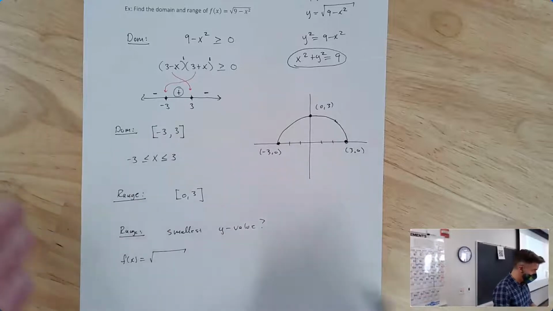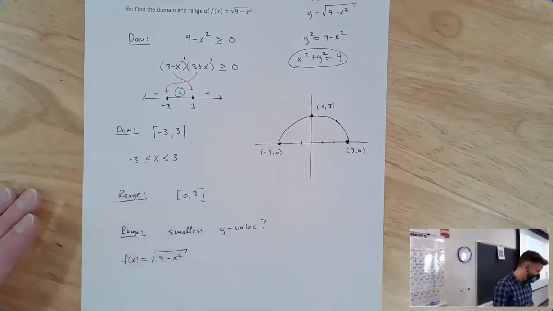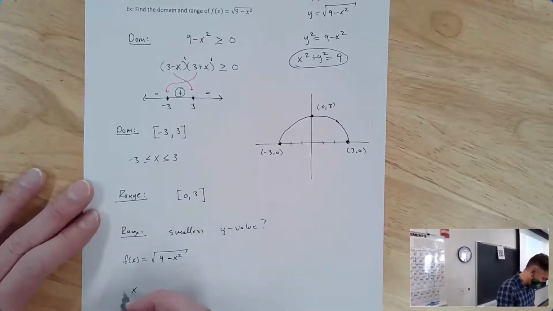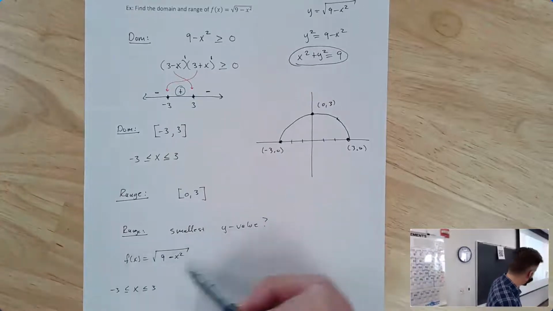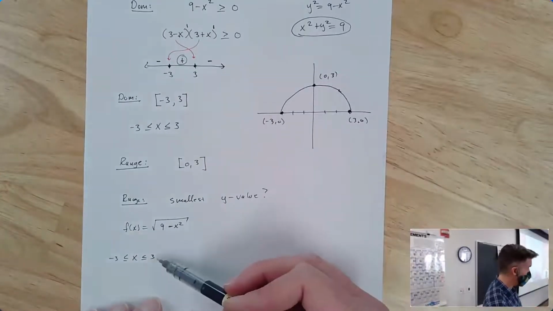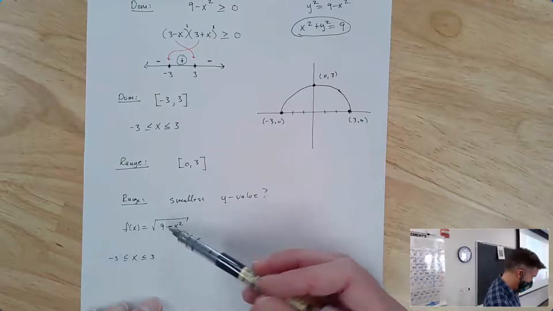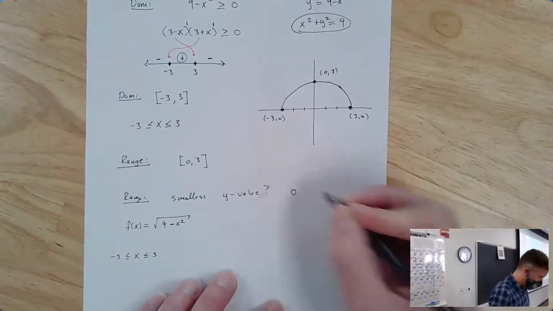We've literally already written the range. But if you look at this for a second, you think about x being between -3 and 3, what's the smallest this can be? Well, if I plug in x equal to either 3 or -3, what am I going to get for my function? Right. Smallest y value is 0.